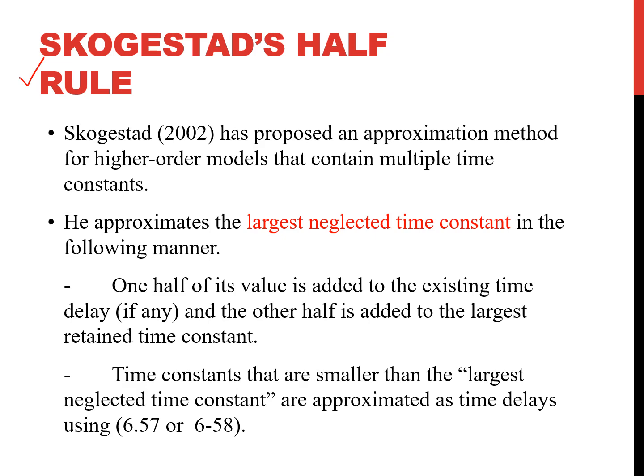Through this half rule, it approximates the largest neglected time constant in the following manner. That means, if you have a third order, you have K over tau 1 S plus 1, tau 2 S plus 1, and tau 3 S plus 1. So here you have the third order.